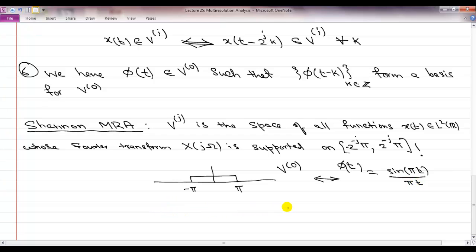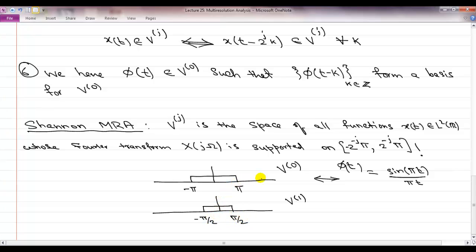Now you can ask, what is V1? It will be contained within V0, right? And the Fourier transform of V1 will go from minus pi by 2 to pi by 2.